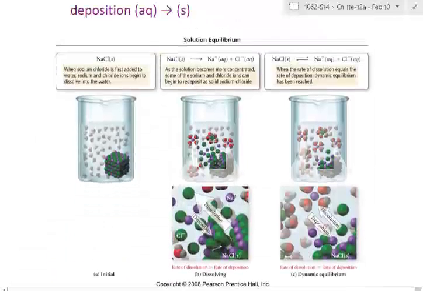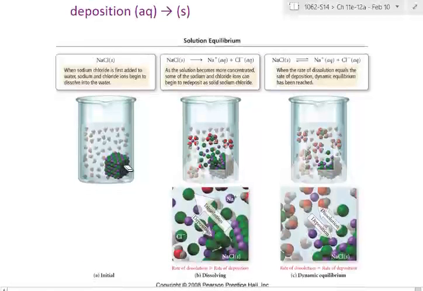So obviously, when we have just pure water, we're going to have a lot of dissolution originally, okay? But eventually, as the concentration of those ions increases, we'll get more and more deposition happening on the surface. And eventually, we'll reach a point where the dissolution and the deposition rates are equal. Okay? That's when dynamic equilibrium has been reached.